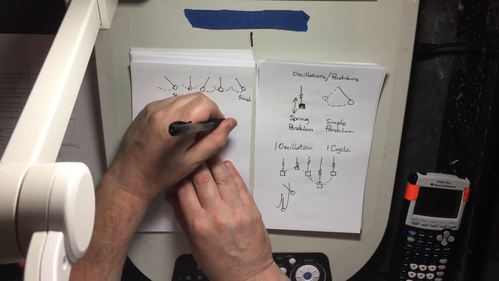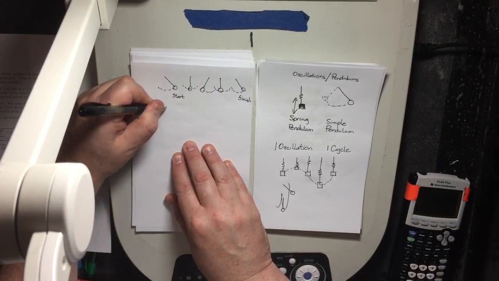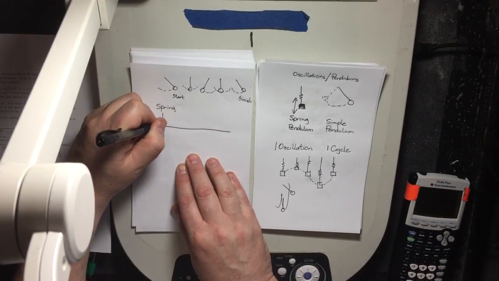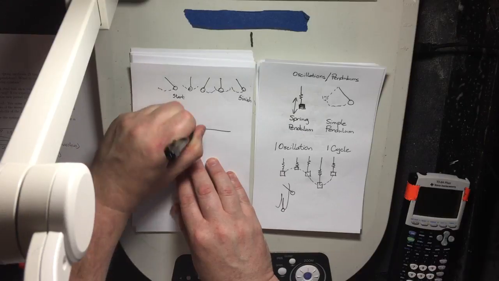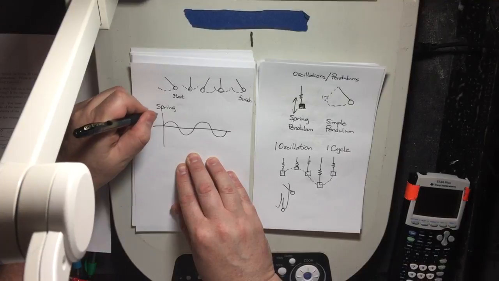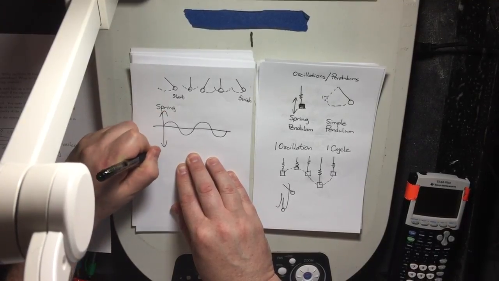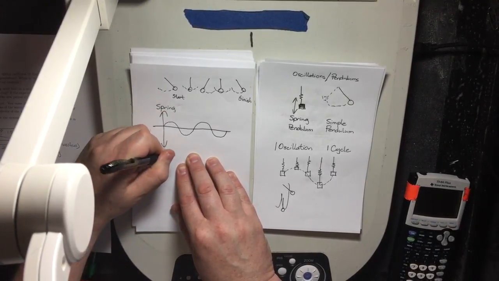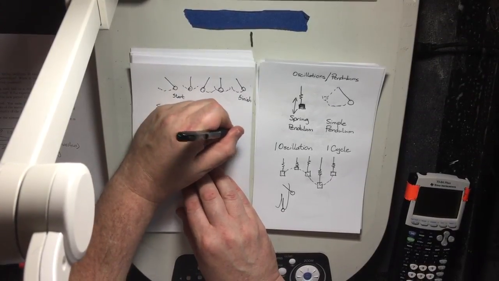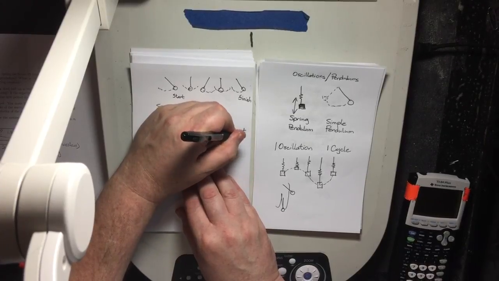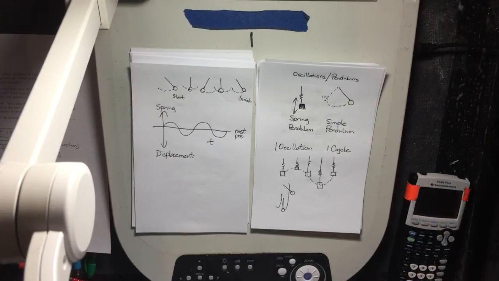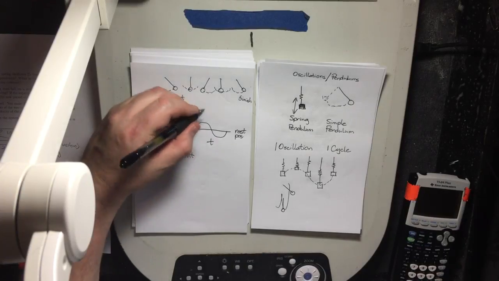In the case of a spring pendulum, if you were to plot displacement over time, and that's its rest position, time is the horizontal and displacement is the vertical, you get that.